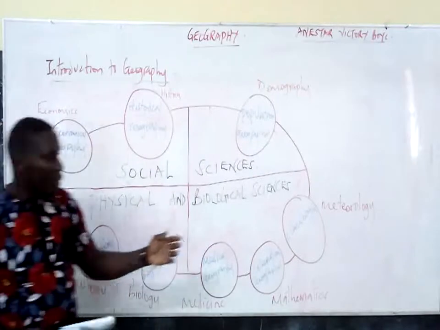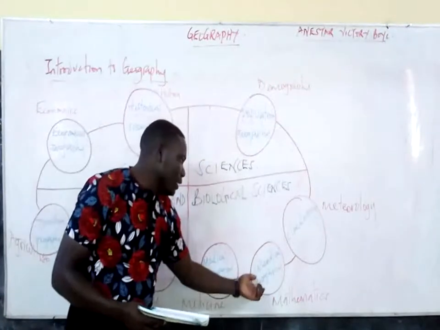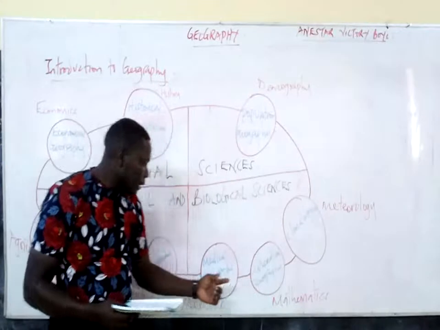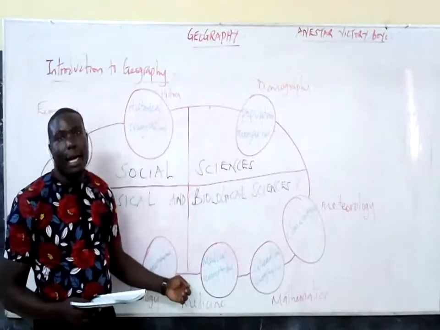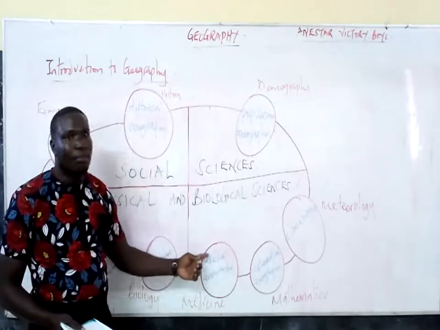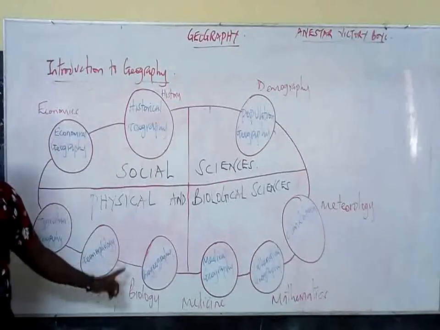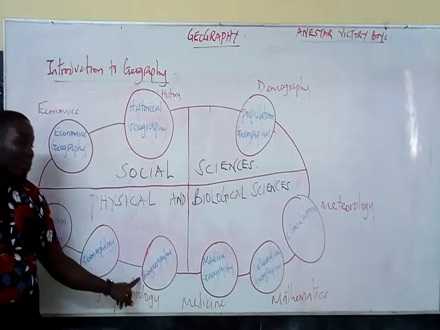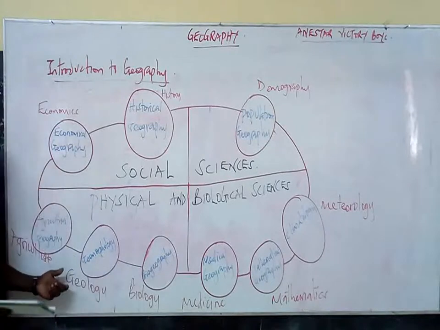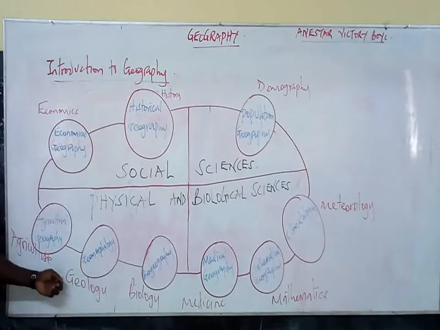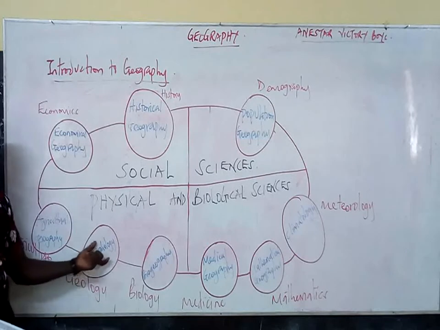The relation between geography and maths gives us mathematical geography. The relation between geography and medicine gives us medical geography. The relationship between biology and geography gives us biogeography. The relation between geology and geography gives us geomorphology.